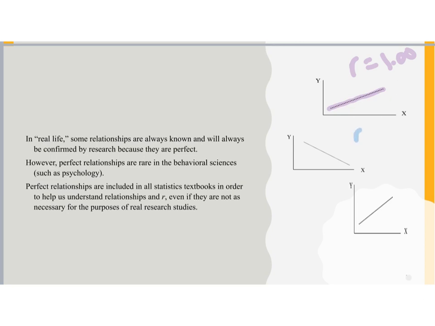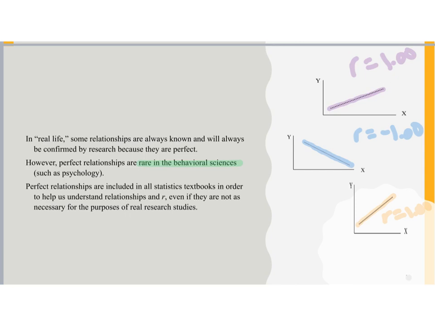When we have a perfectly negative correlation, r equals negative 1.00, and we can connect the dots moving down from left to right with a perfectly straight line. So in these cases, where we have r equals 1.00 or r equals negative 1.00, the relationships are referred to as perfect. But these kinds of perfect relationships are very rare in the behavioral sciences.